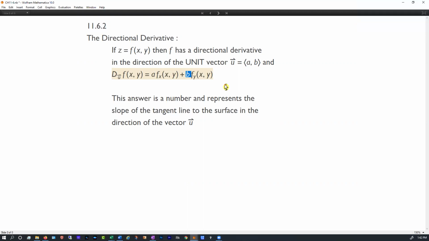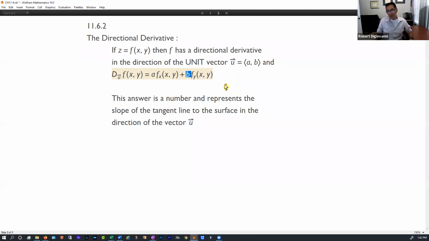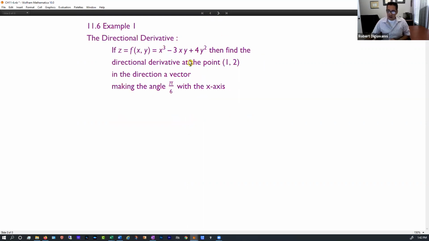In real life, no. If you're standing there, you might be able to tell by looking, right? But I'm saying if I hand you a function, like that function right there, and I say, hey, go stand on the point 1, 2. What you just told me is the slope if I aim at pi over 6, right?